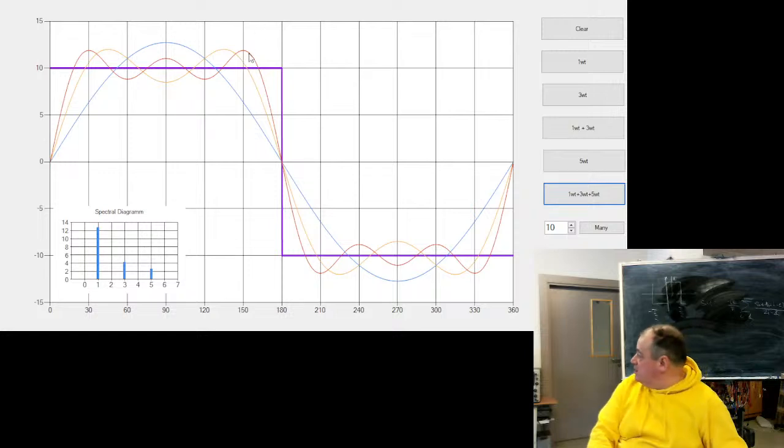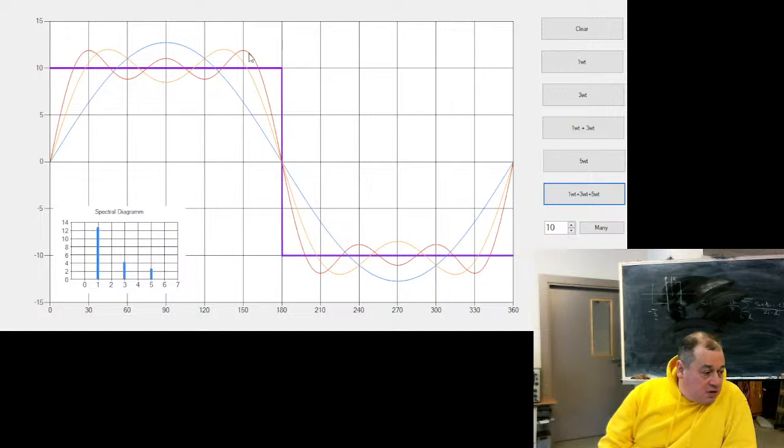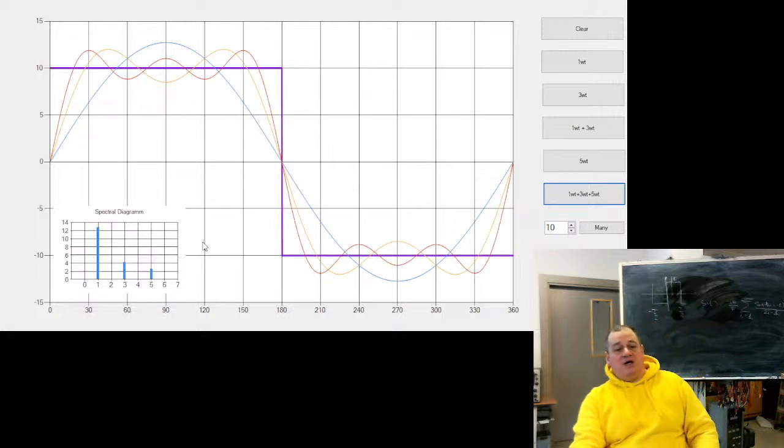The red line is what we saw in reality. And I drew such a spectral diagram: 100% of the first, one third for 3 omega, and 20%, one fifth, for the fifth harmonic. As you can see, closer and closer.